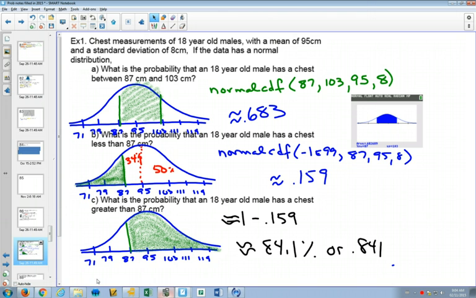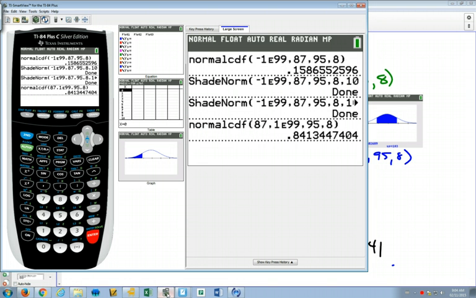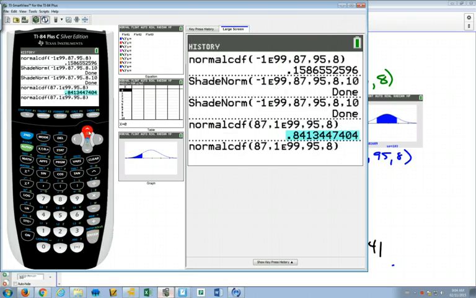So even if we had not done infinity, so I'm going to retype this, and instead of doing the infinity here, even as small as going up 5 standard deviations. Standard deviation was 8. 8 times 5 would be going up 40 from our mean. Our mean was 95.